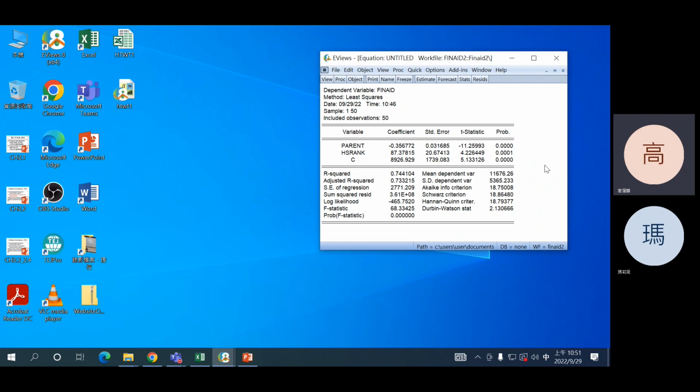So Harry is here, right? Is Sonia here? Where is she? Okay. Then how about Junkai? Explain the coefficient of high school rank.